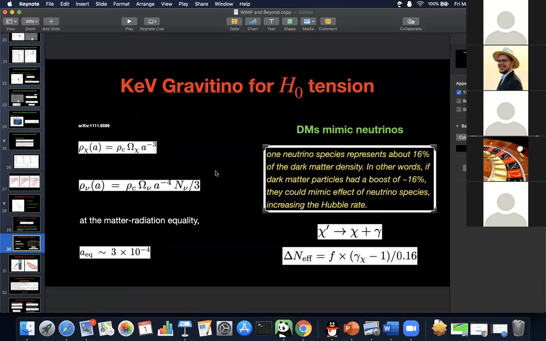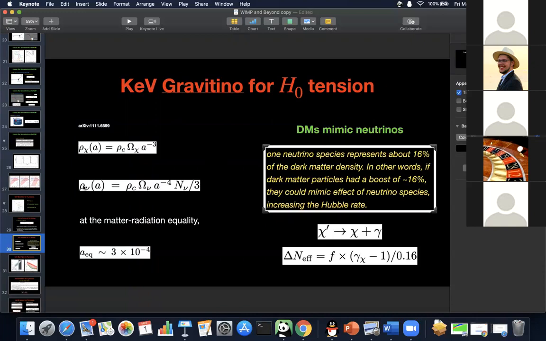This is the explicit dependence of the dark matter density on the scale factor, and this is the neutrino density on the scale factor.